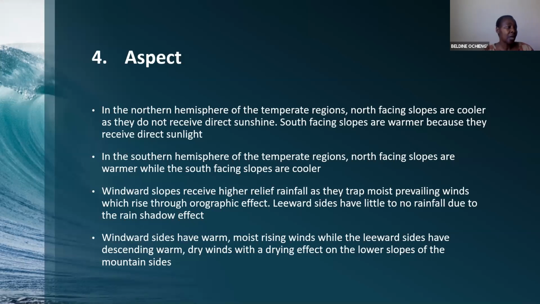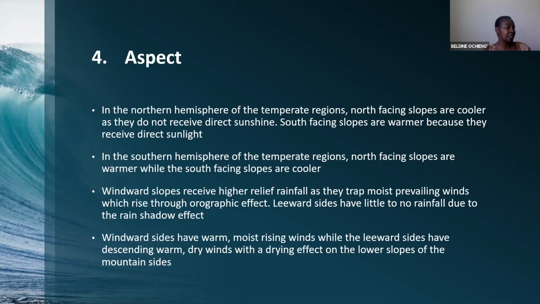Always talk about temperate lands when we are talking about the temperatures. In the northern hemisphere, the southern sides are warmer because they receive sun rays directly. But the northern part of the slopes in the northern hemisphere are cooler or cold.